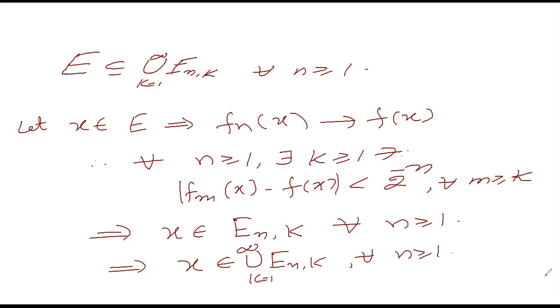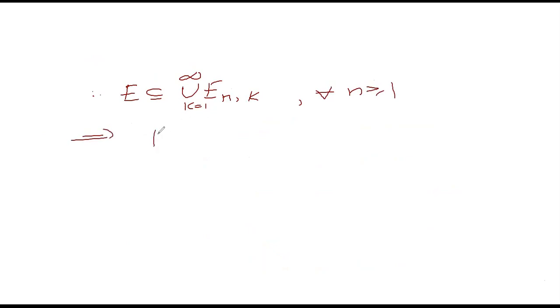Therefore E is a subset of the union of E_{n,k}, k runs from 1 to infinity, for all n greater or equal to 1. So this implies the equality because the reverse inclusion is trivial: each E_{n,k} is a subset of E. So E is equal to the union of E_{n,k}, k runs from 1 to infinity.